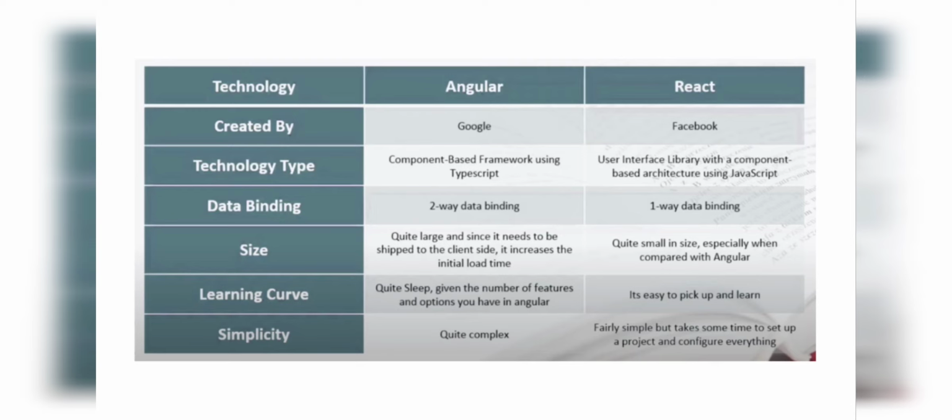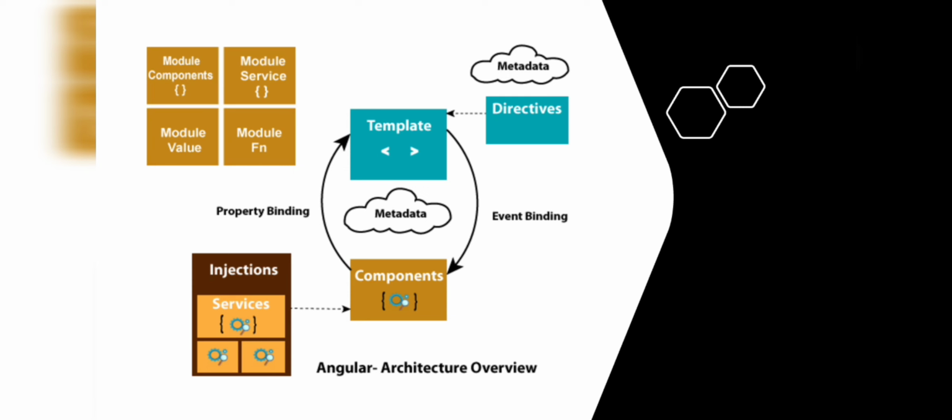The learning curve is quite steep, given the number of features and options you have in Angular, whereas React is easy to pick up and learn. In simplicity, Angular is quite complex compared to React, and React is fairly simple but takes some time to set up a project and configure everything. So these are the differences between Angular and React.js.